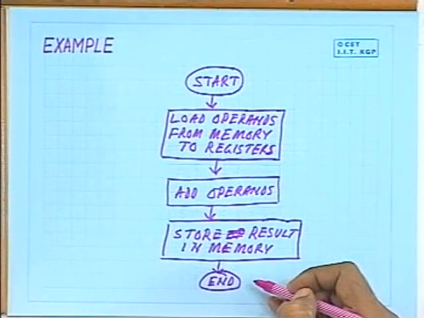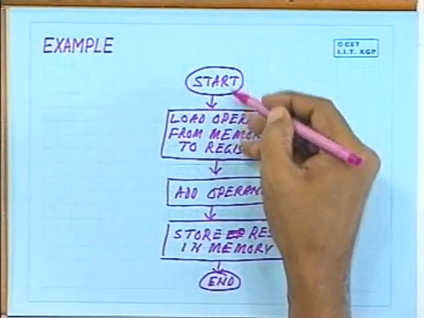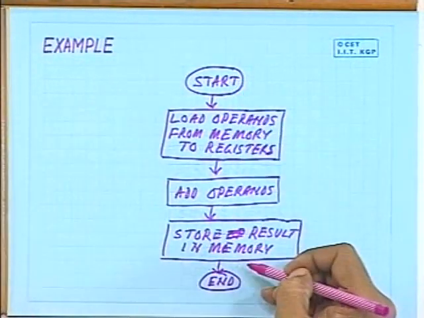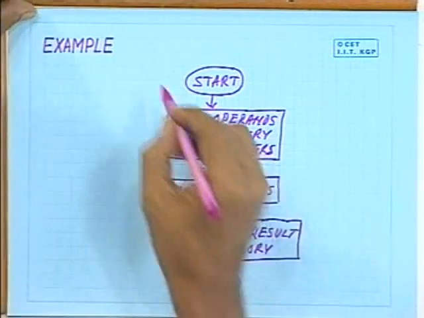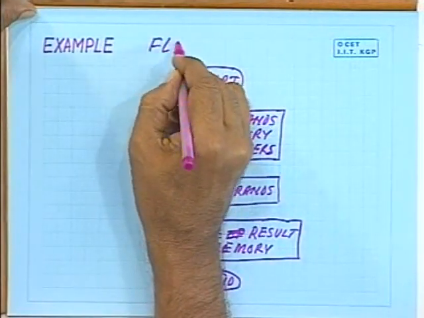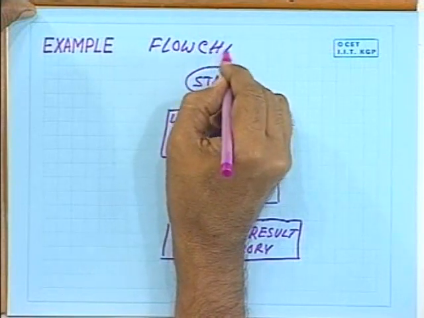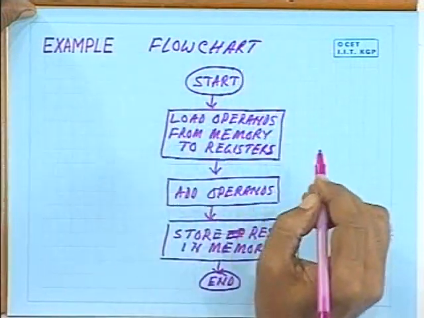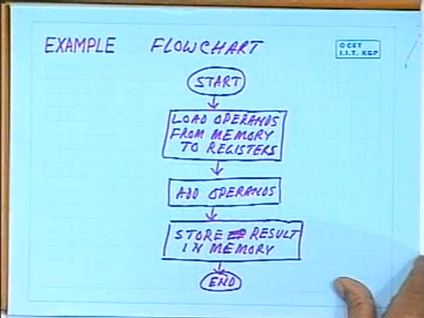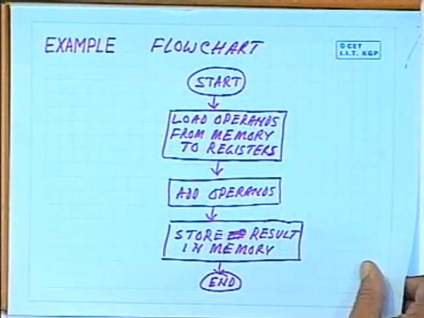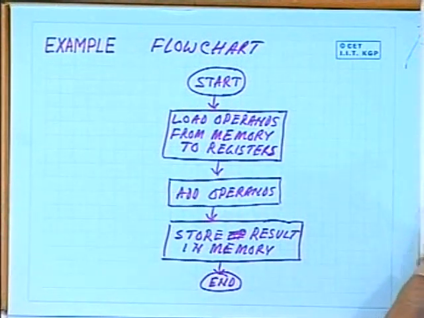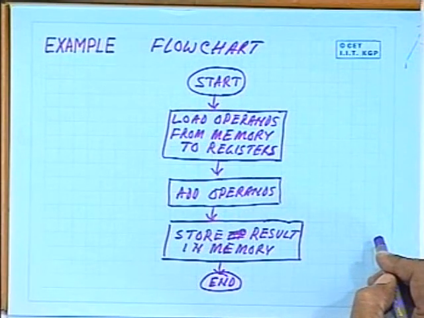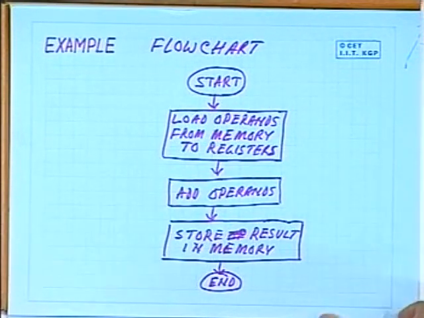So you see, we have written a simple example flowchart for a particular program. Let us take up another example where the other symbols like parallelogram, diamonds are being used.